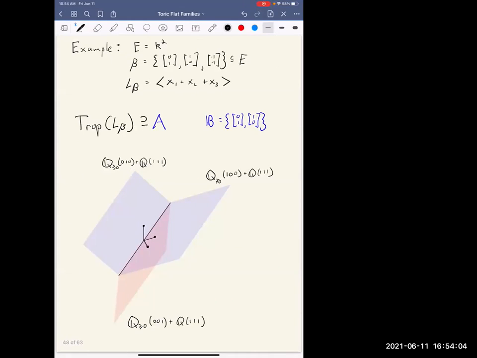So an example of this, if you take the vector space of dimension 2 and look at the standard basis along with the negative of the sum of the two members of that basis, the linear ideal in that case is generated by the linear form that says the sum of three variables is 0. And the tropicalized linear space is just a union of three half spaces embedded in 3 space.